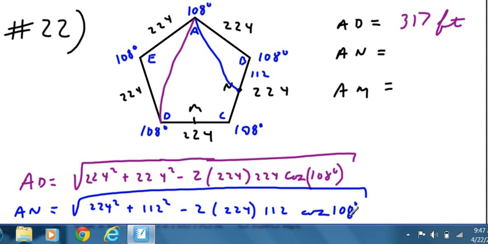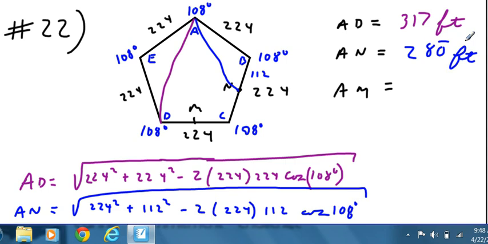See if we can both get the same answers this time. Boom, I get 280 feet to 3 significant digits. We're happy with that one.